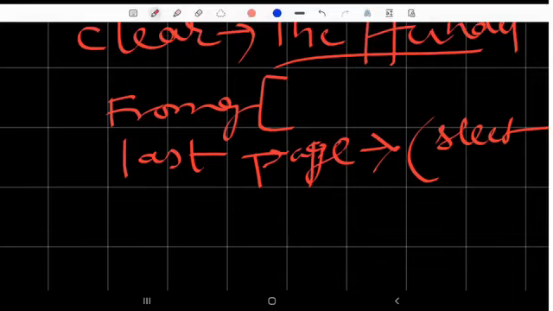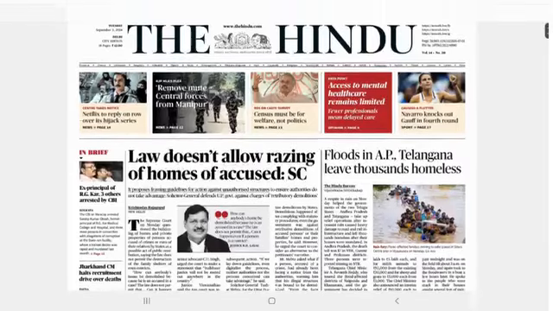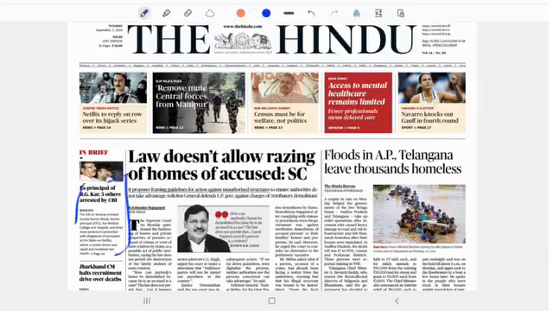For example, here: ex-principal of RG Kar, 3 others arrested by CBI. Here they have mentioned only a simple topic, but they have mentioned page 14, so the reference of this news will be continued on page number 14.